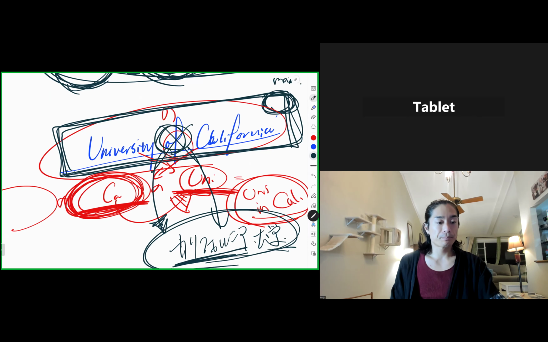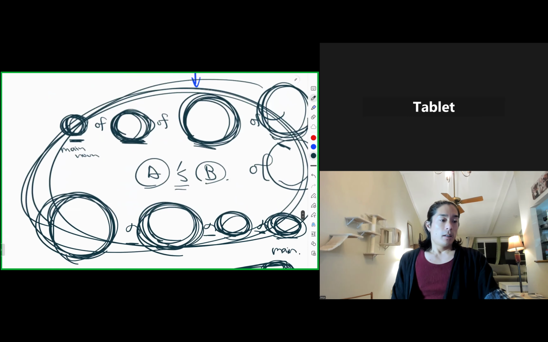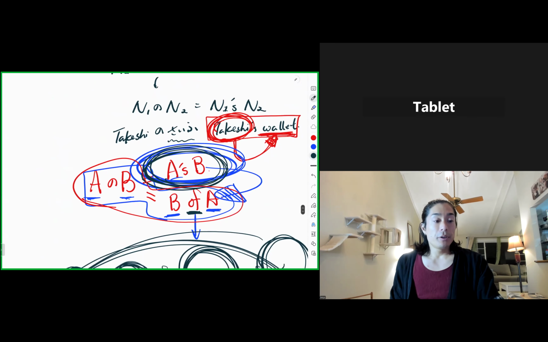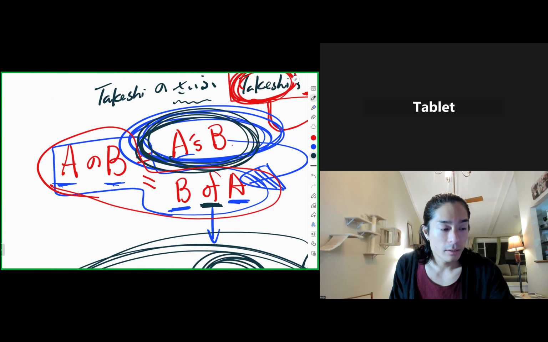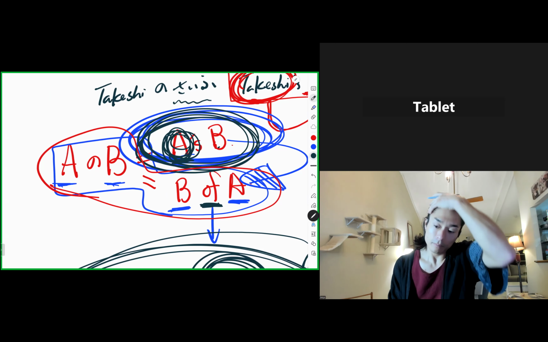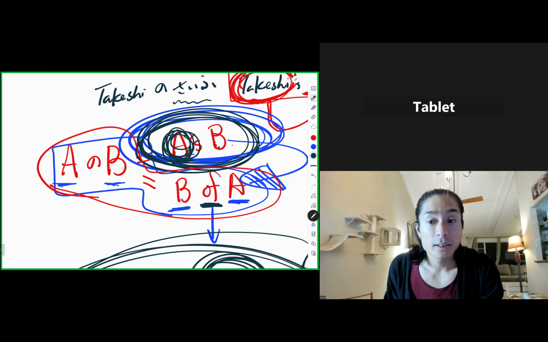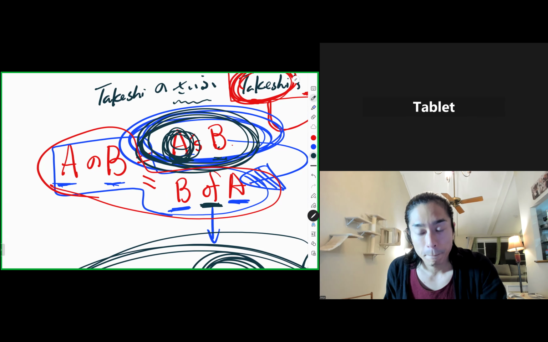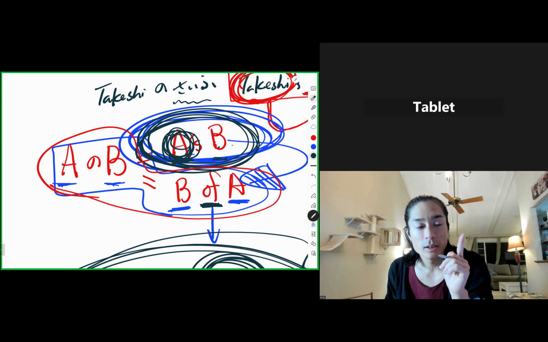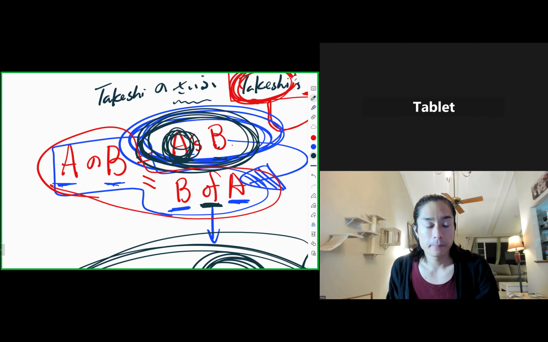Just remember that if you use no, it's A's B, whatever A is, right? Like California's university. It's just general information, right? Even like Takeshi's pencil. Takeshi could have more than one pencil, right? Doesn't talk about one specific one. Okay.